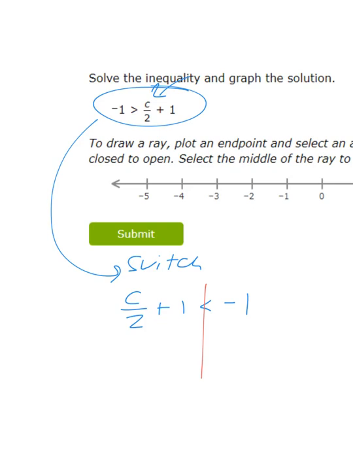Otherwise, I'm still going to draw my line. In this case, this is in a fraction, so on the outside is that +1. That's what I'm going to want to get rid of, by subtracting 1 from both sides. So 1 minus 1 gives me nothing over here. I can bring the C divided by 2 down to the next line. -1 minus 1 gives me -2.